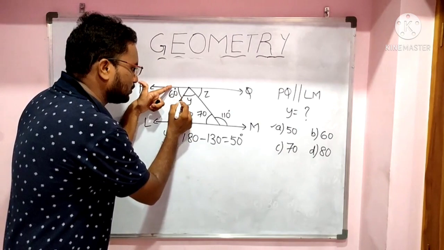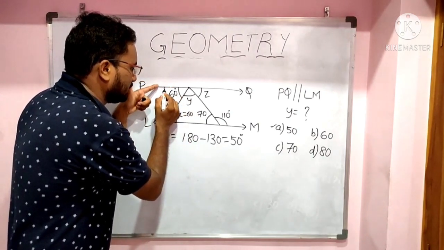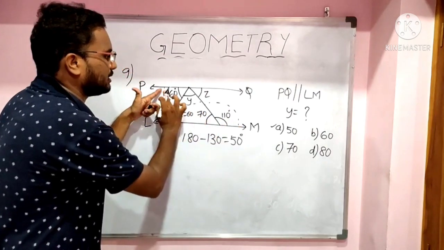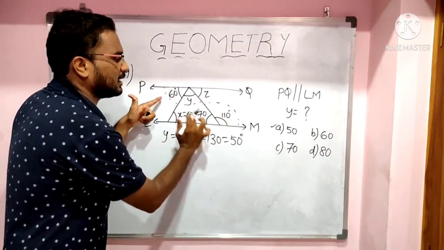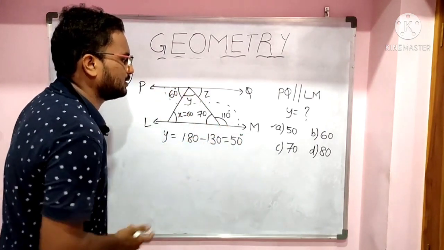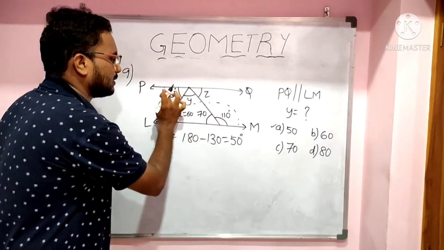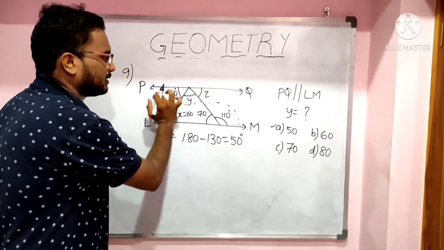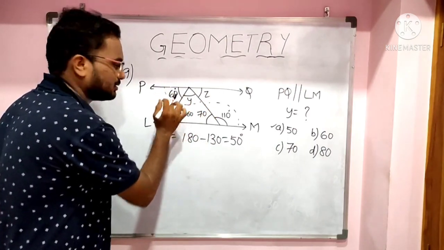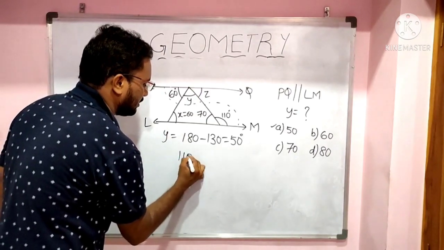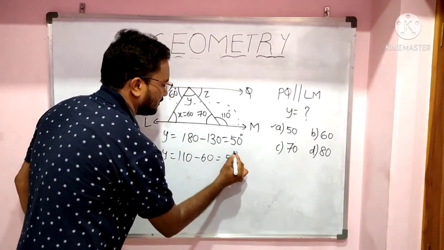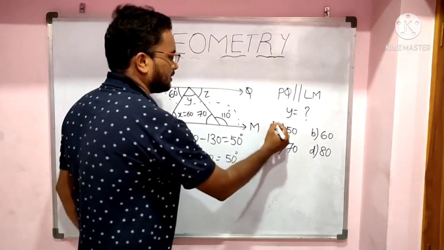So if this is 110, then this total angle should be 110. Already 60 is here, so 110 minus 60, answer 50 degrees. We can directly get this Y.